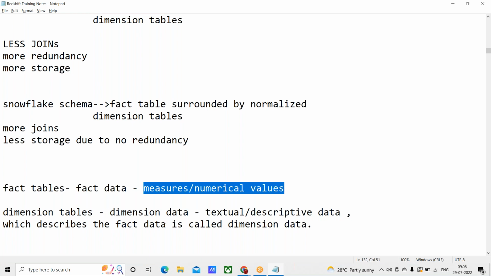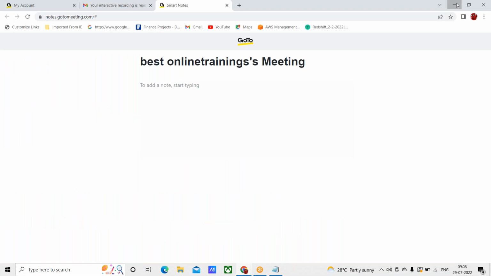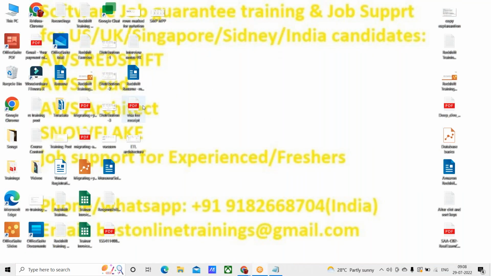This descriptive data always talks about fact data, because in a fact table you will have only numbers, but how can that be described? Using dimension tables. Okay, I will show you how star schema and Snowflake schema look.